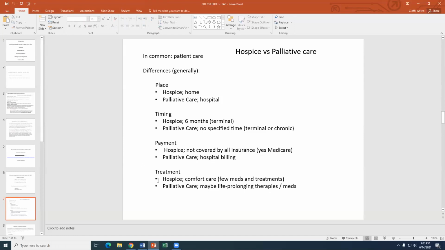And finally, the treatment is a little different again. At home, of course, it's a little more restrictive. So it's focusing mostly on comfort care and few medications. If anything, it's the type of medication that is not very involved, because again, the idea is that there's no more cure, right? Now, there could be a comorbidity.